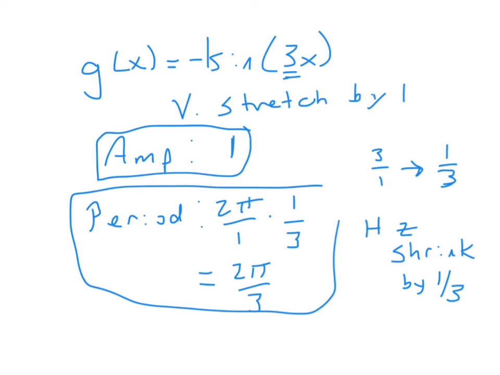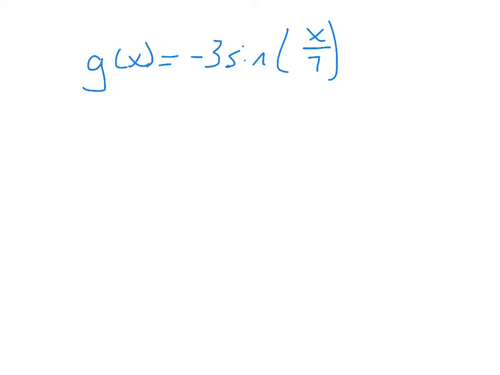Let's try one more for sine. So for this one, we're going to look at this. If I give you g of x equals negative 3 sine of x over 7, I have a vertical stretch by 3.